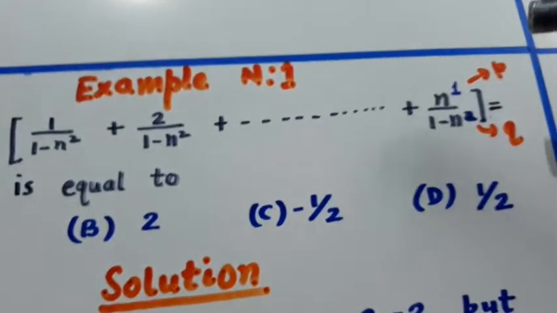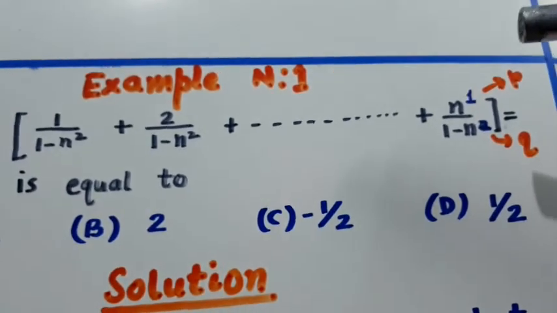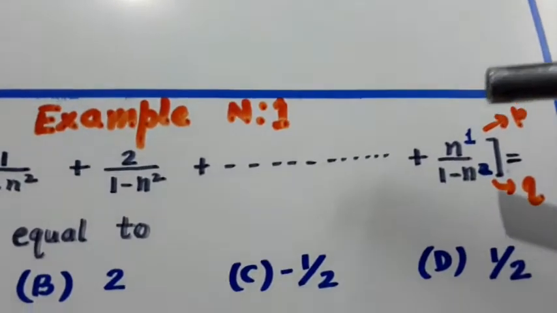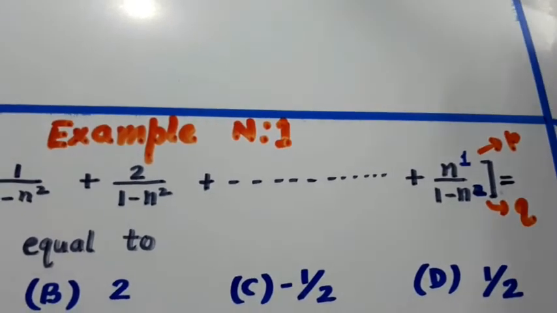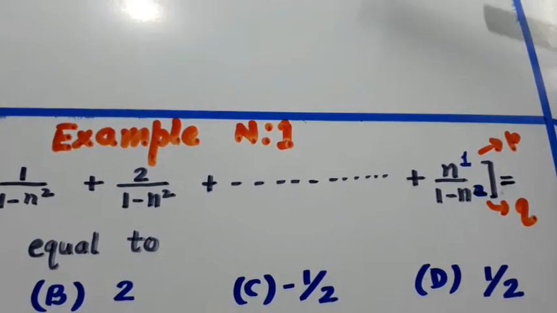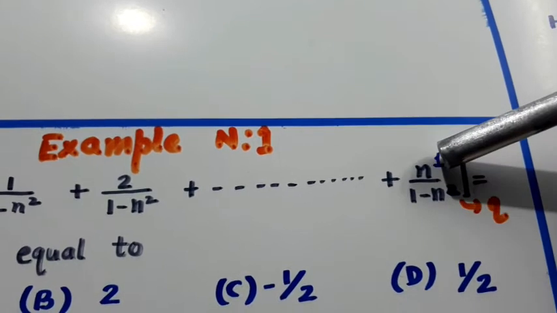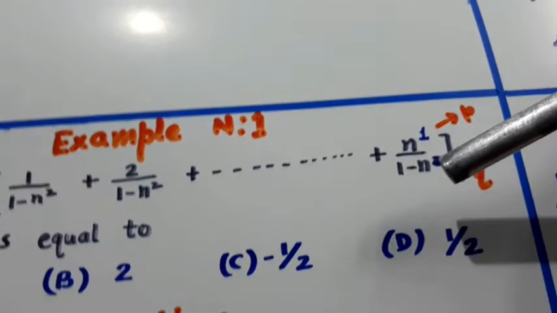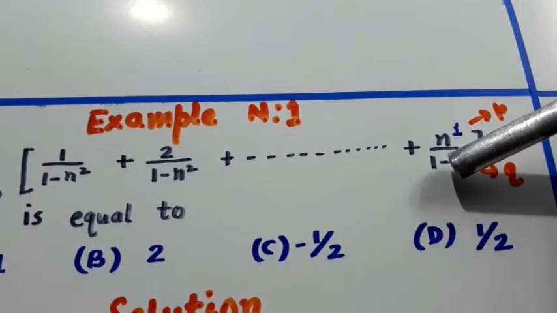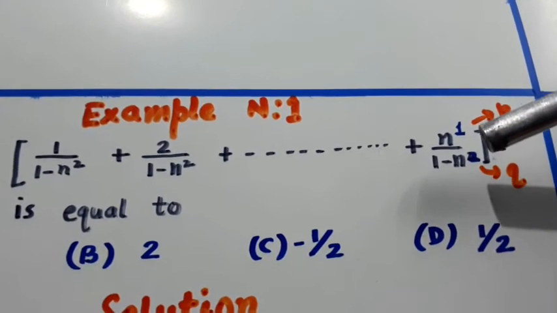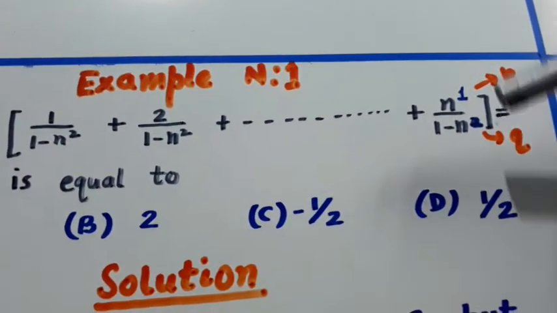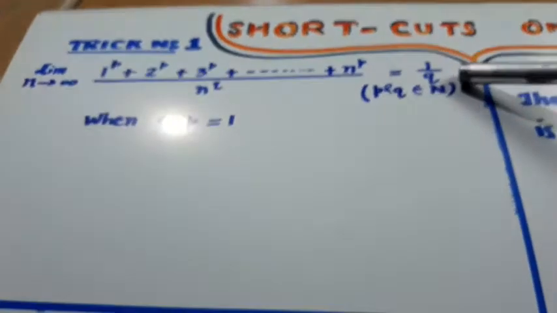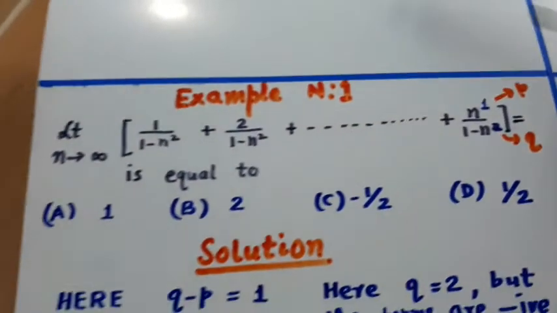Now look here, the difference between the power of n, here it is 1 minus 2, that is minus 1, because this is negative. So the answer is 1 over q, it will be minus 1 over q in this case.